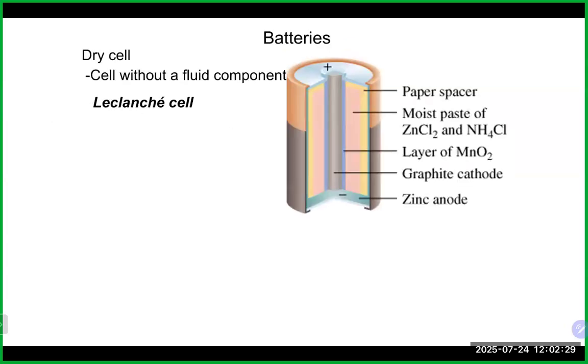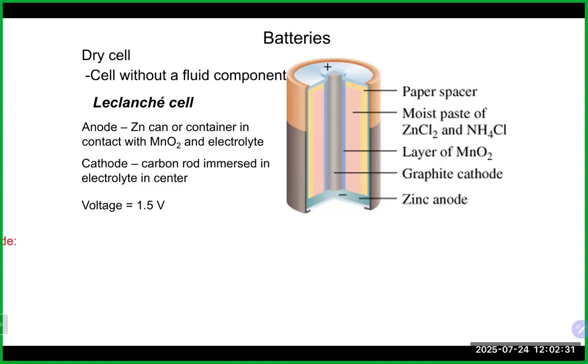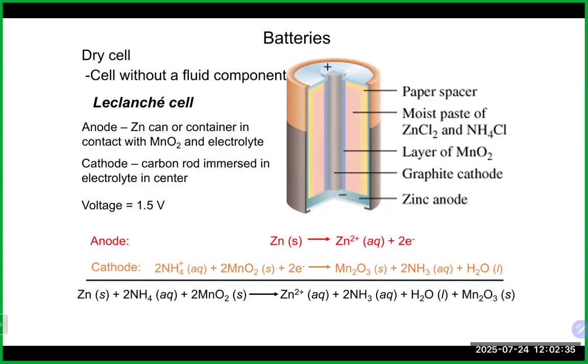So the first type of cell we're going to look at is what's sometimes referred to as a dry cell. And in this particular case, I'm going to go with the Duracell. The anode here is the zinc can or container that's in contact with MnO2 and an electrolyte. So in the middle here is this paste, battery acid, if you will.